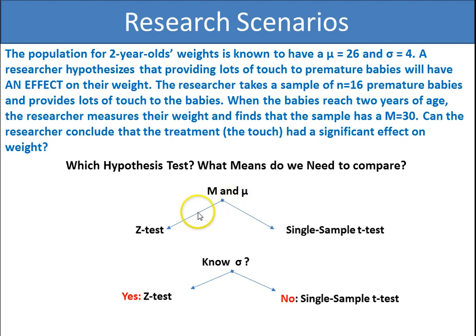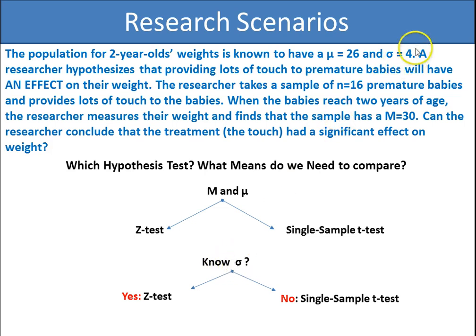When that's the case, we have a choice of two hypothesis tests. We can do a z-test or we can do a single sample t-test. To make the decision between this test or this test, we can ask another question, and that is, do we know the population mean? I'm sorry, not the population mean, the population standard deviation. The question is, do we know the population standard deviation?